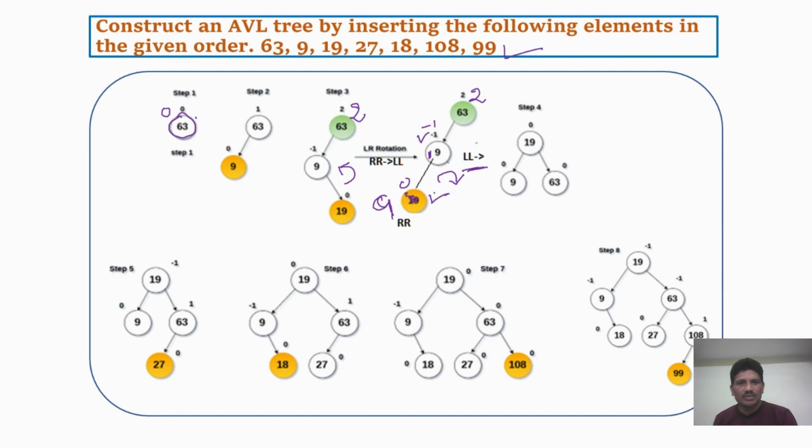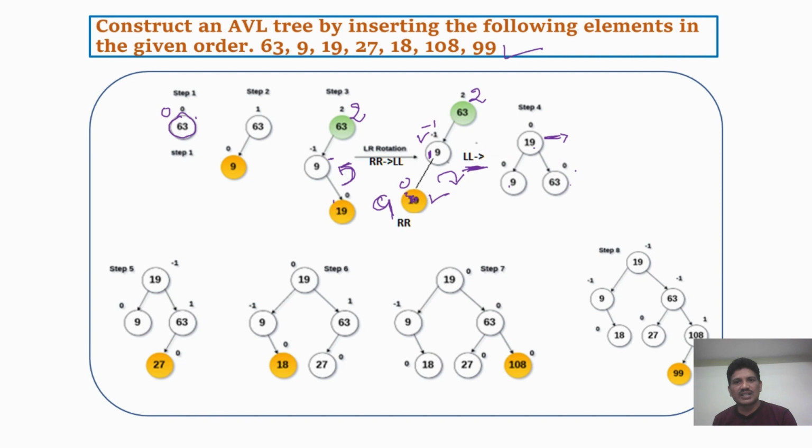The problem in the diagram: whenever you perform the rotation, the 19 comes here and the 9 becomes the left child of the 19. After the LL rotation, 19 becomes the root node, 9 becomes the left child of 19, and 63 is the right child of 19.